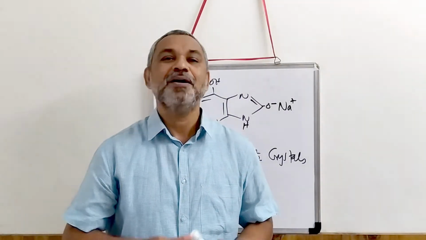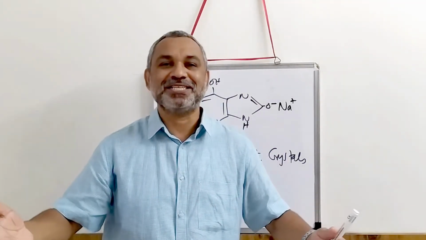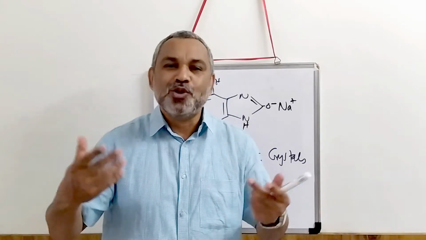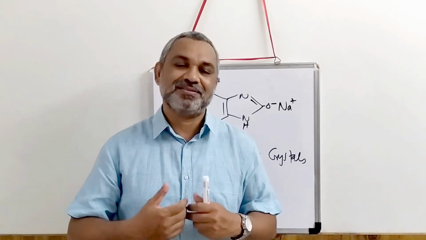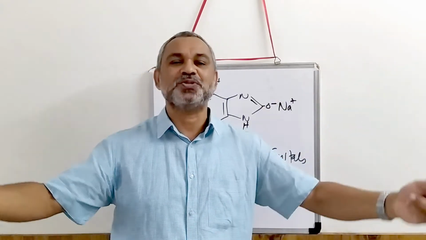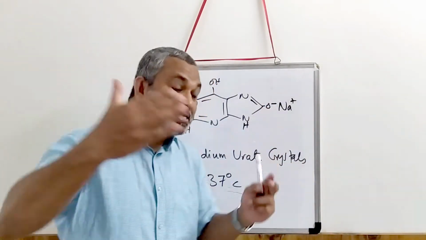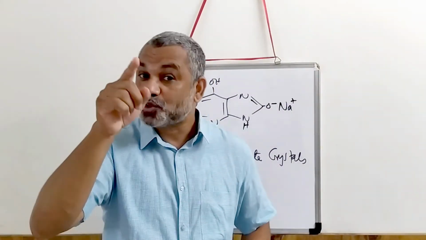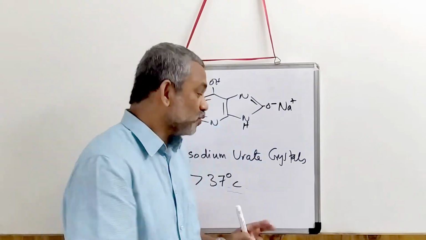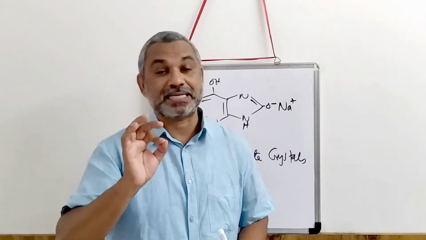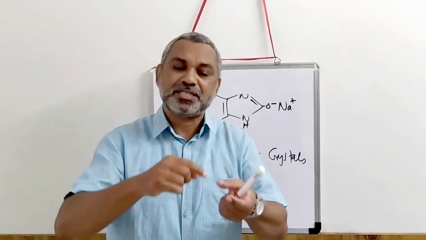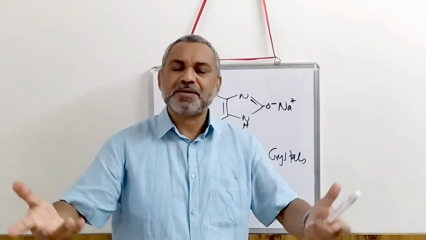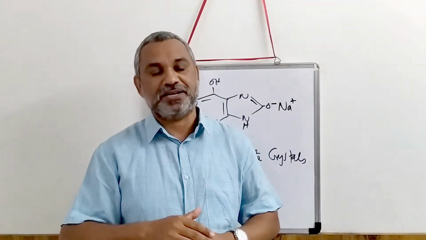But you know that in our extremities, the temperature can be lower than 37 degrees Celsius because they are exposed to the environment. As the temperature goes down, the solubility also decreases. So therefore, this will get accumulated as crystals in the joints, especially in the toe.